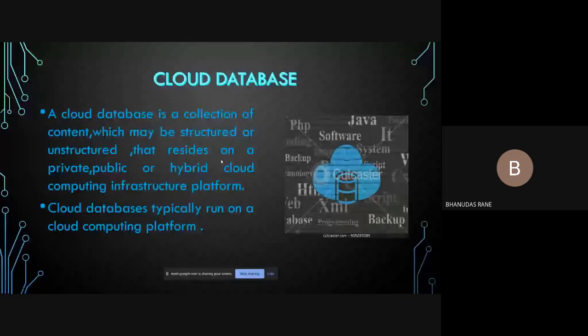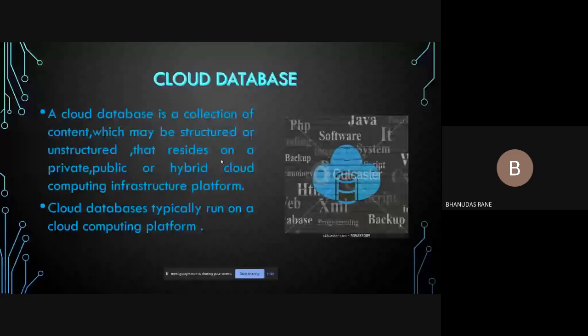So infrastructure platform is related to cloud computing. As you know, cloud computing is divided into three: infrastructure as a service, platform as a service, and software as a service. So the cloud database is related to infrastructure as a service.